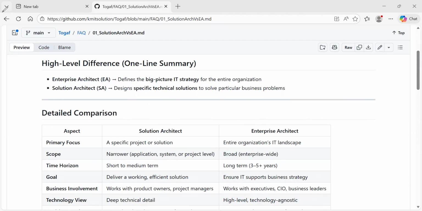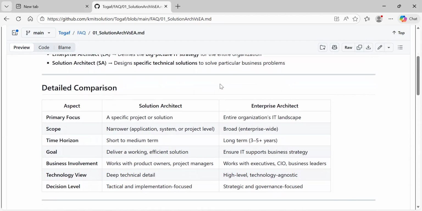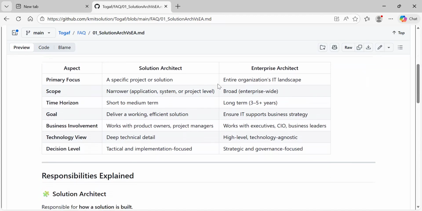So first is the primary focus. When we talk about the solution architect, he is the one who is working on a specific business problem and providing the solution for that.